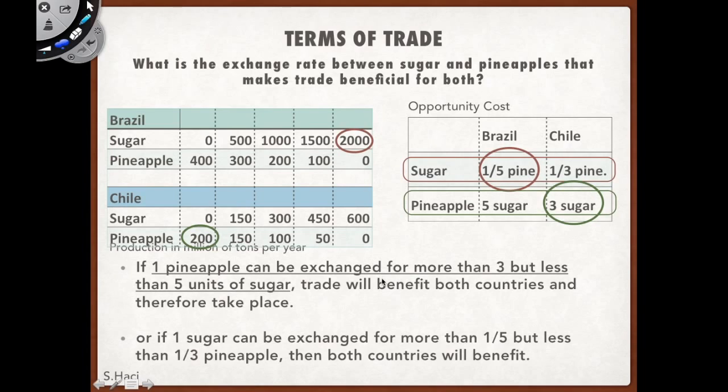So the terms of trade will be more than 3 units of sugar, but less than 5 units of sugar for every pineapple that would be exchanged.